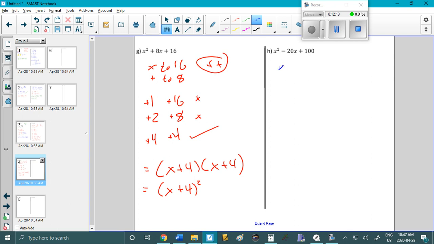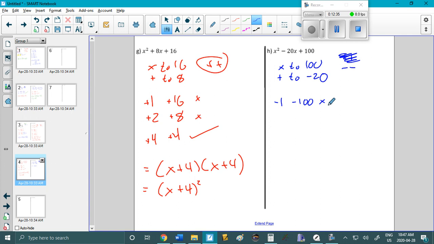So we need numbers that multiply to positive 100 and add to negative 20. So if we multiply to a positive, it's either plus plus or minus minus. And if we add to a negative, well, it can't be both positive because where would the negative come from? So 100 divided by 1 is 100, so minus 1 minus 100.